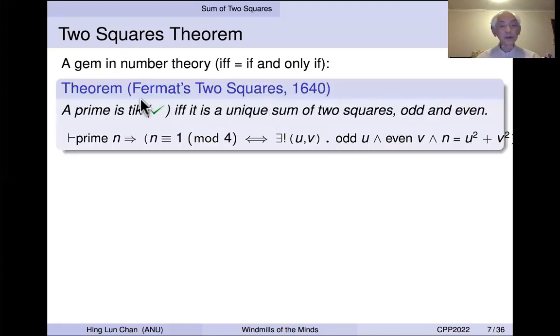This is another formulation of the 2-square theorem in a more precise way, which says that if p is a prime, then a tick prime can be expressed uniquely as a sum of 2 squares, odd and even, and only those tick primes can be expressed in such a way.